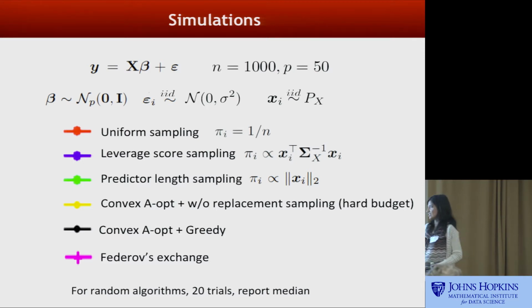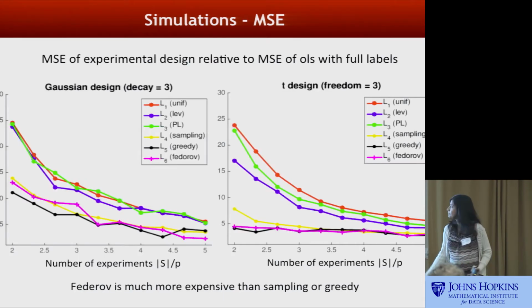And Fedorov's exchange, I don't have time to tell you exactly what this is, but it is what's implemented in R or MATLAB if you try to do experimental design using off-the-shelf software. It's like a brute force approach. It tries to swap rows until you get a good result, so it is almost like computing the combinatorial solution.